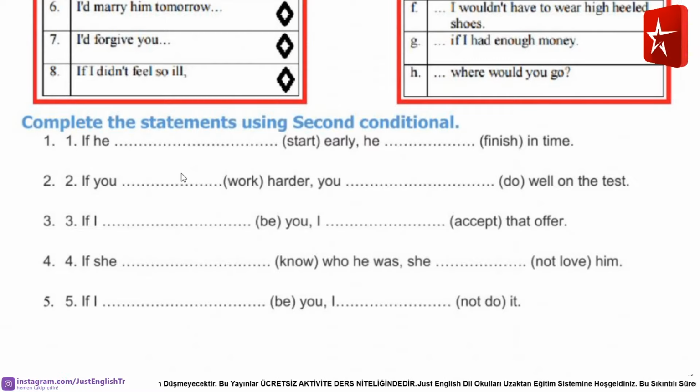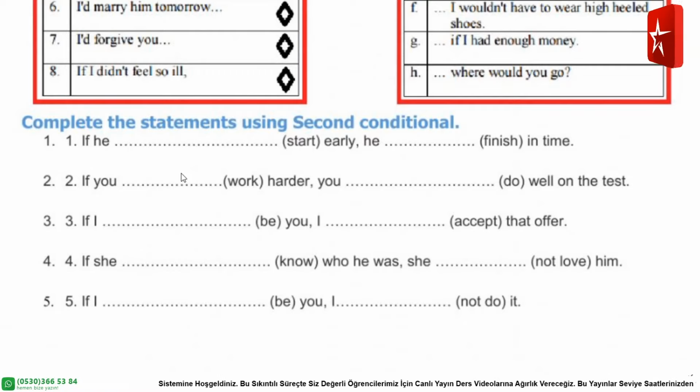If she knew who he was, she would or wouldn't? Yes, she wouldn't love him. Great. If she knew who he was, she wouldn't love him.